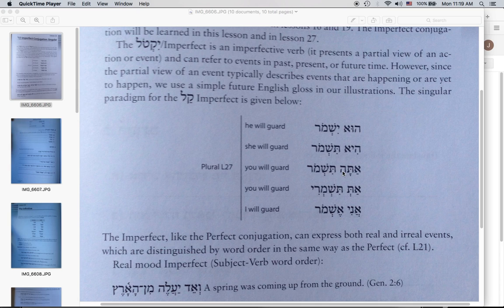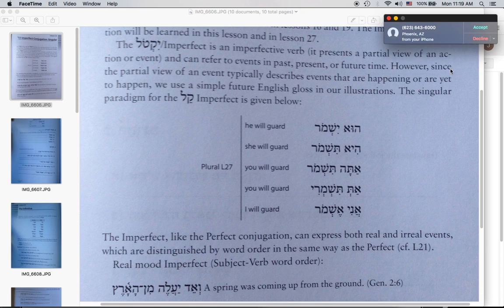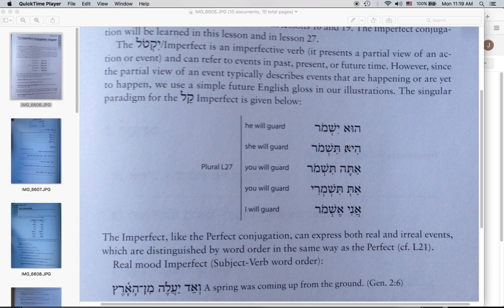You'll notice that she will guard and you will guard, the third feminine singular and the second masculine singular, look exactly the same. So we're ignoring the subject pronoun because that's not always required in a sentence. But the verb itself will look the same, and you will only be able to tell which is which by context.